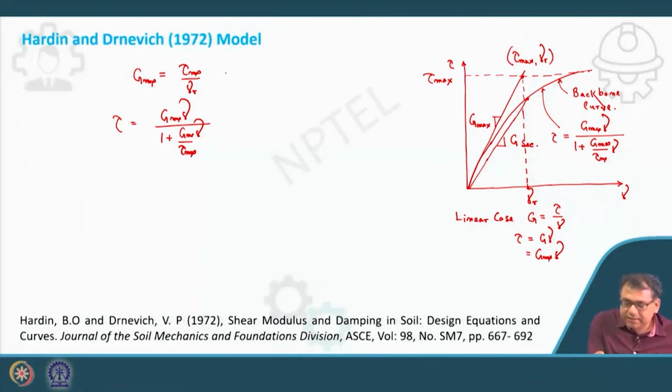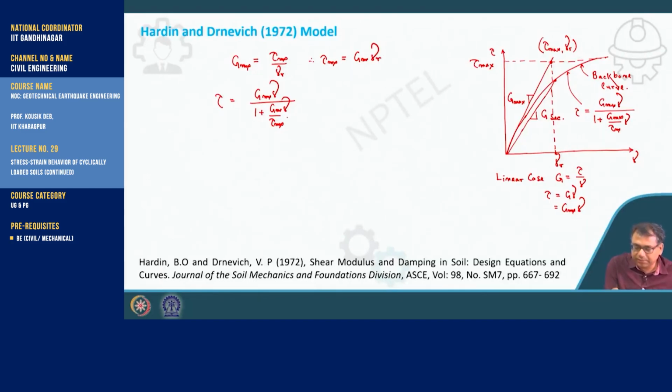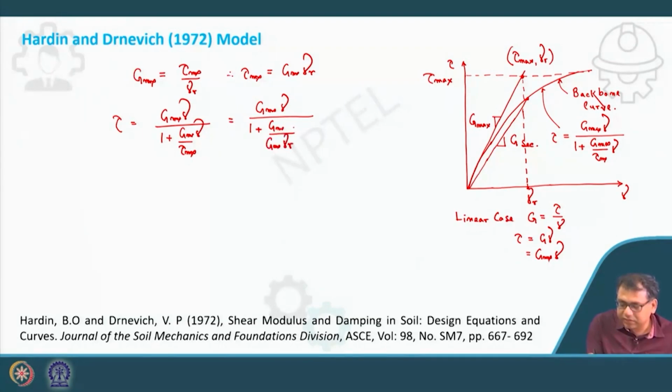Now if I replace the tau max with G max times reference strain, I will get G max into shear strain over 1 plus G max into shear strain divided by G max into reference strain. So G max will cancel, and this will be simply G max into shear strain over 1 plus shear strain divided by reference strain.